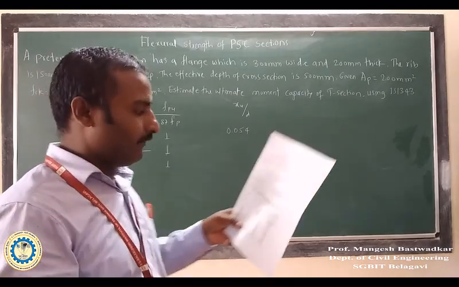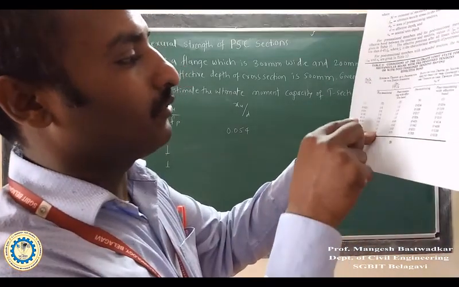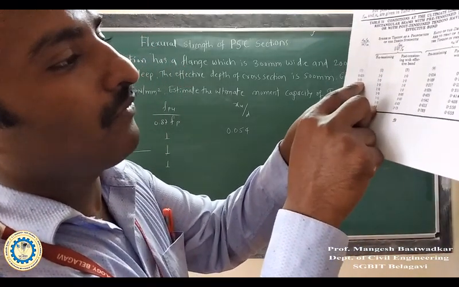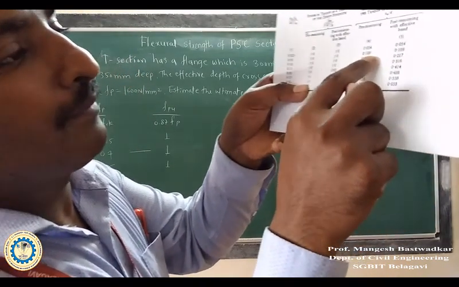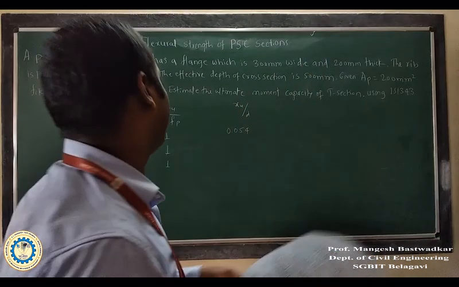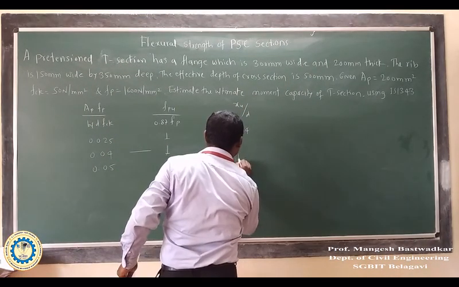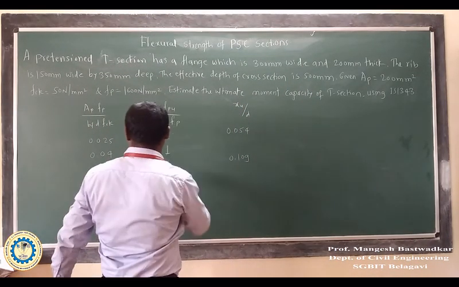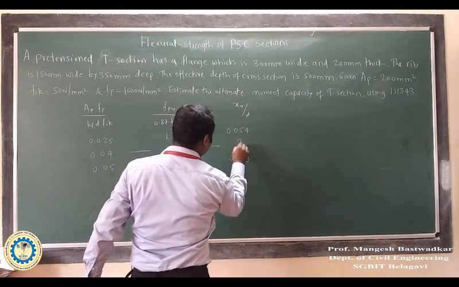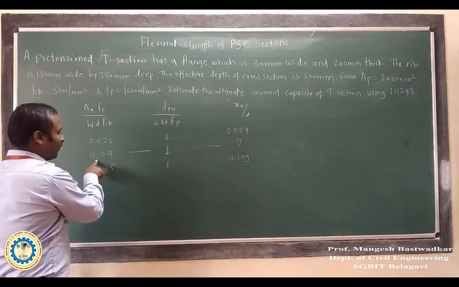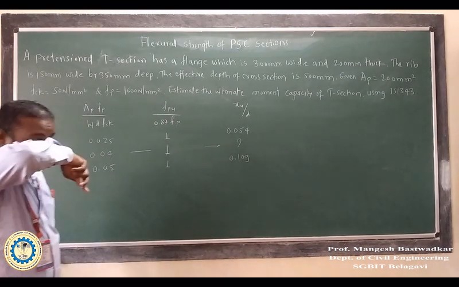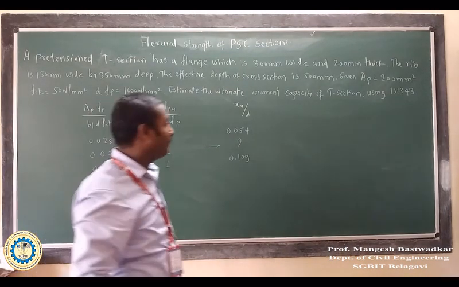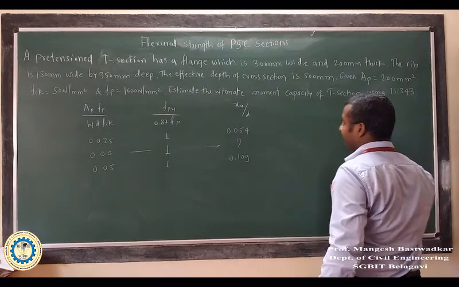Then for effective reinforcement ratio 0.05, the value of XU by D is 0.109. For 0.04 we need to calculate the value of XU by D. So from interpolation we can obtain this value.